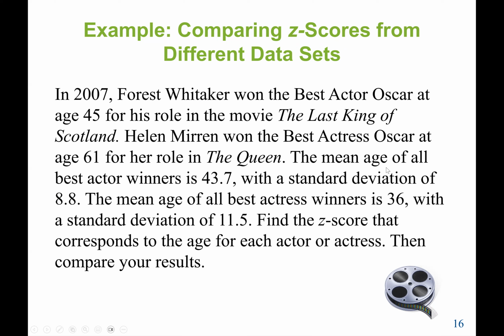The mean age of all the Best Actor winners is 43.7, and the standard deviation is 8.8. The mean age of all the Best Actress winners is 36, with a standard deviation of 11.5. We want to find the Z-score that corresponds to the age of each actor and actress. Then we compare their results.